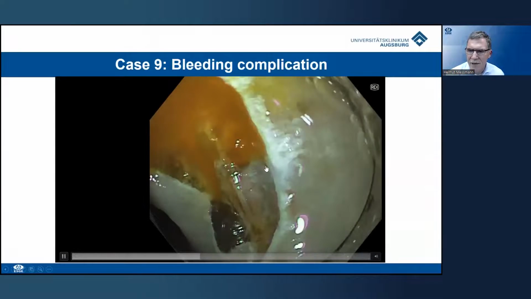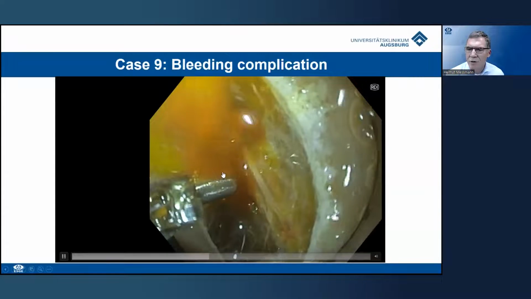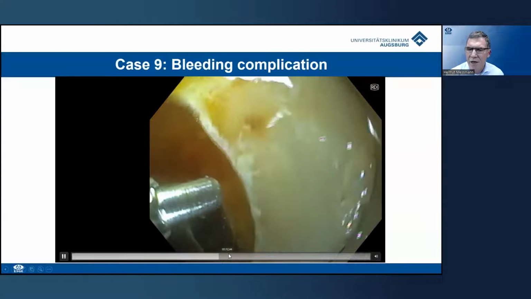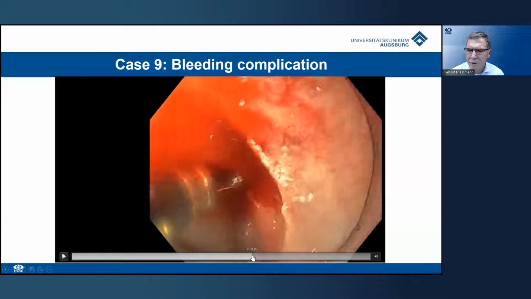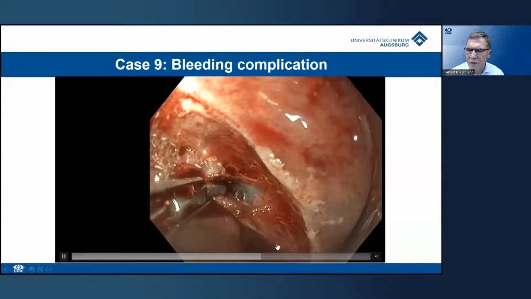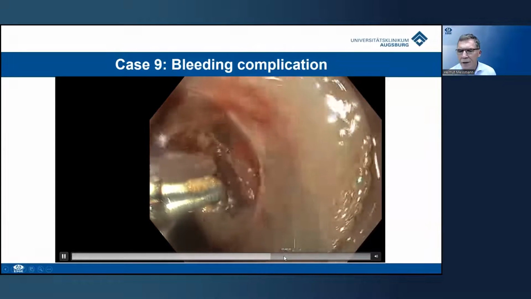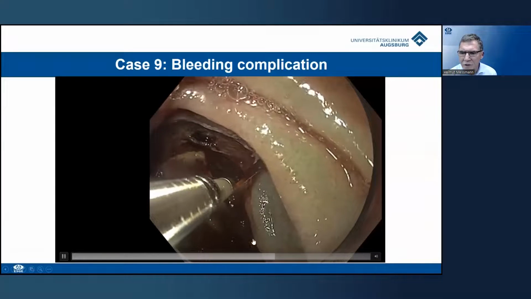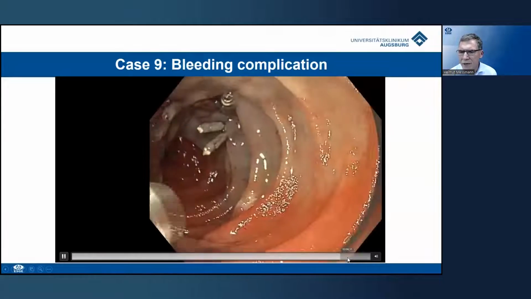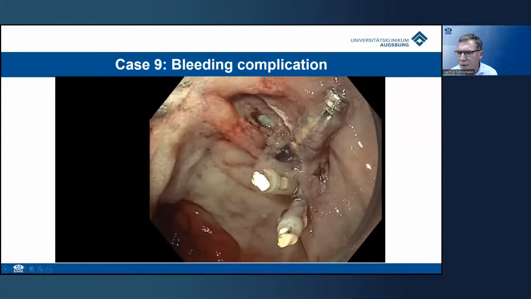Now there is a severe bleeding, and again with this new RDI technology, you can very precisely pick up this area and coagulate the lesion. And now you see here the complete coagulation at that time. And then the resected area is not so huge, so a complete closure with clips was possible. So bleeding, sometimes if it occurs immediately, can be managed.